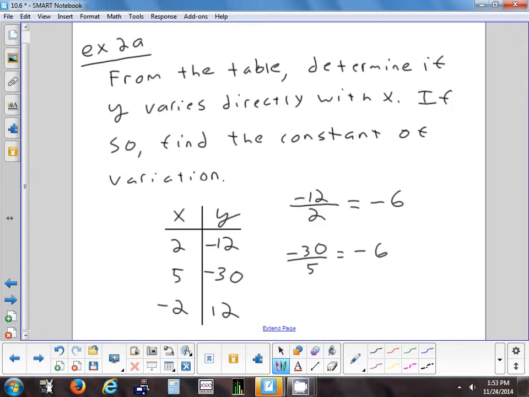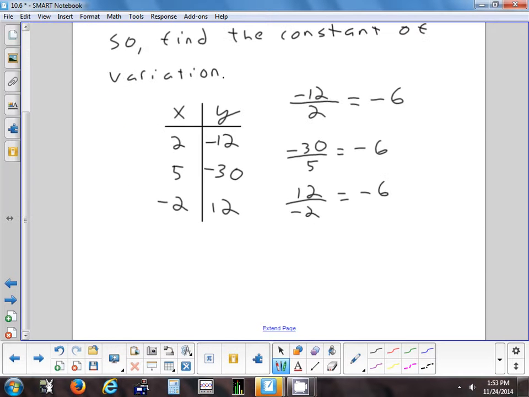What's my calculation in the third row? 12 divided by negative 2. What does that come out to? Negative 6. Is that direct variation? Yes. This is direct variation.